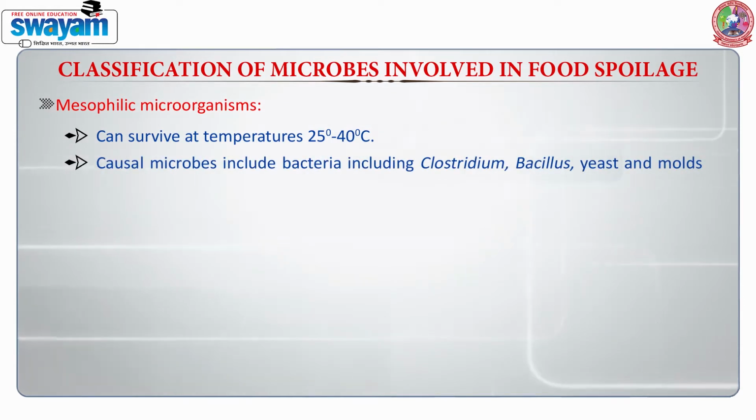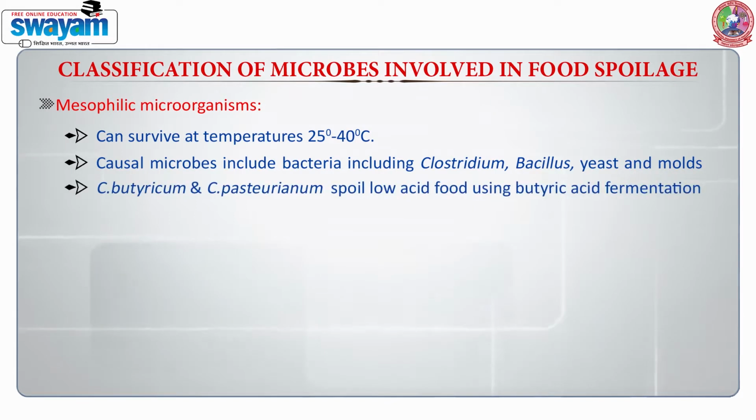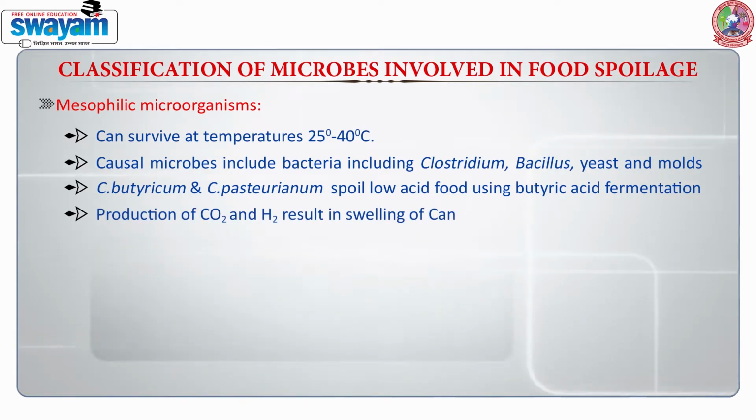These include bacillus, yeast, mold, clostridium species, and they spoil food which have low acid content, and they bring about butyric acid fermentation. As a result of their activity, carbon dioxide and hydrogen gases are produced which are responsible for the swelling of the can.